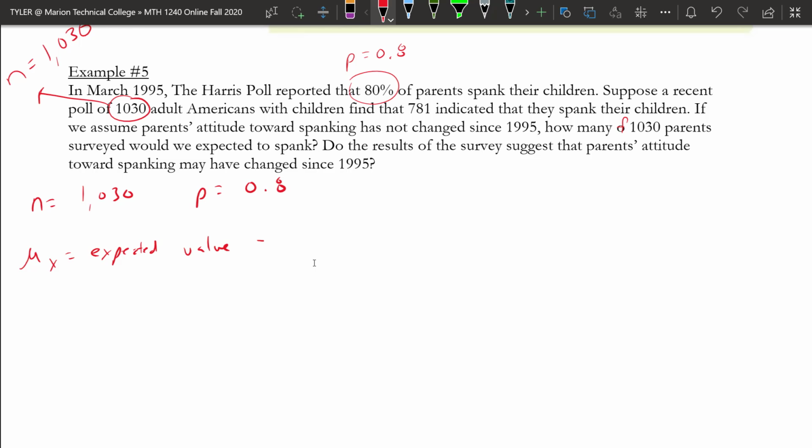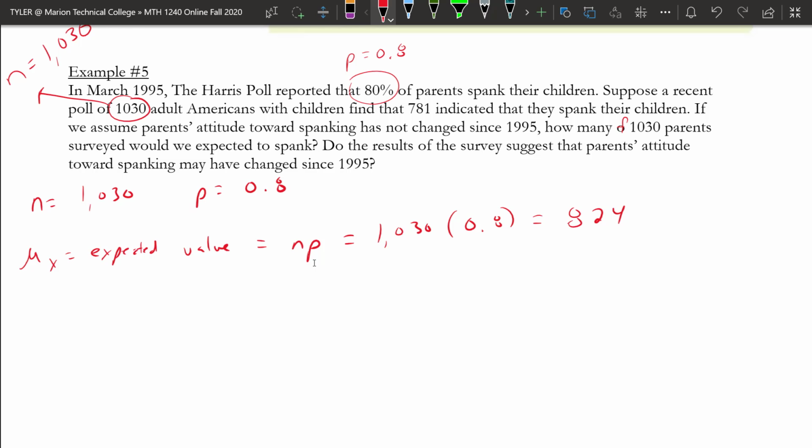So this is equal to n times p, which would be equal to 1,030 times 0.8, which is equal to 824. That's the mean. So we would expect to have somewhere around 824 out of 1,030 parents to spank their children.